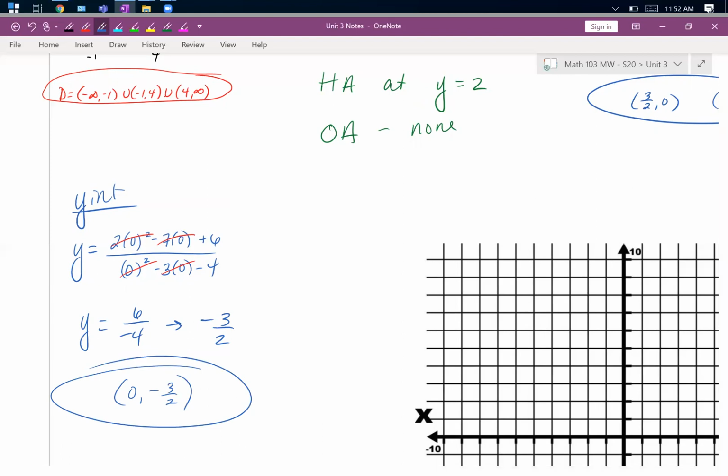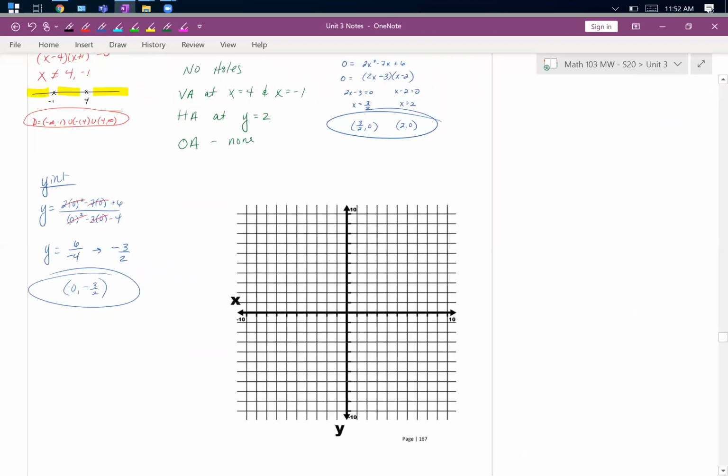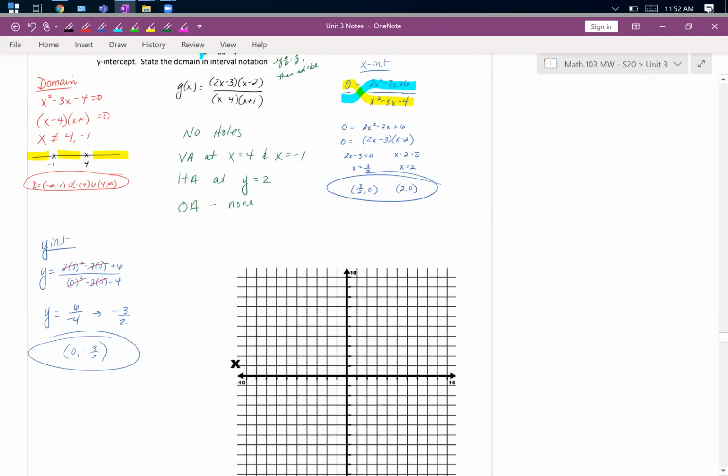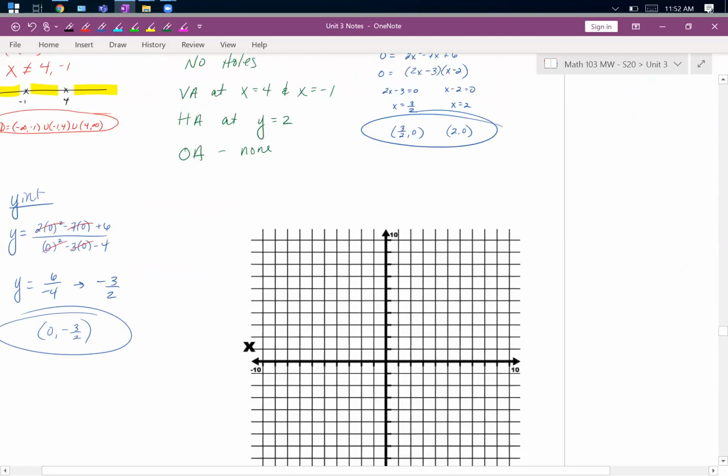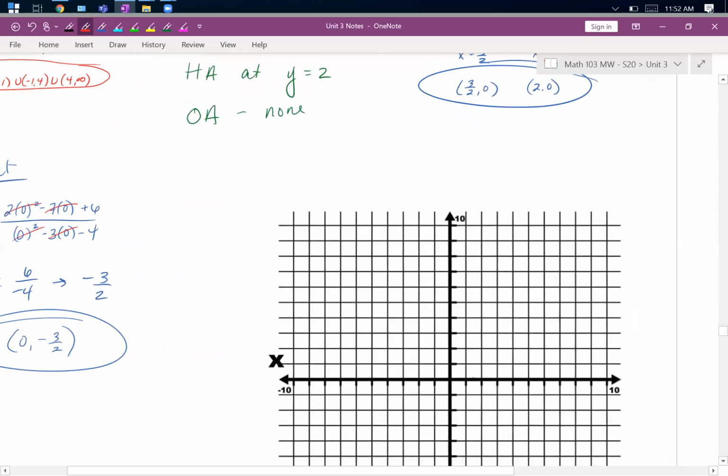At this point, we want to draw in everything that we have, which honestly isn't very much. I've got 3 points: (1.5, 0), (2, 0), and (0, -1.5). That's it. That's all I have for points. And then I've got a couple asymptotes.